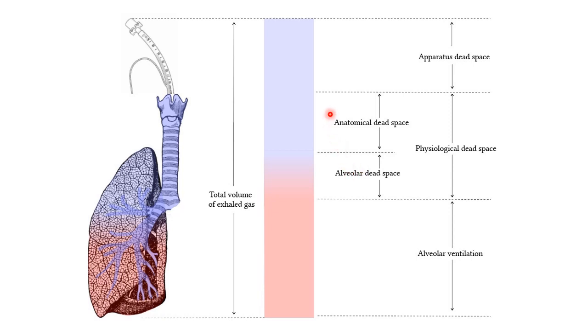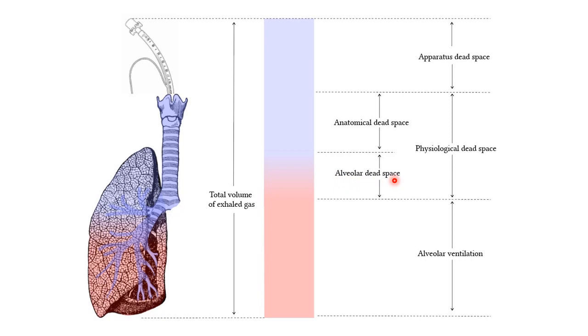Combine the anatomical dead space, which is the dead space produced by the absence of alveoli, with the alveolar dead space, which is the volume produced by alveoli that do not participate in gas exchange.